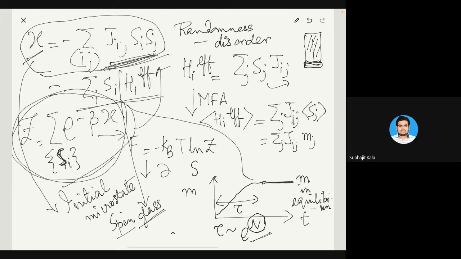David Sherrington was from Cambridge, and Kirkpatrick, I think, was a student, or vice versa. I don't remember. Edwards Anderson model, and so on. So Giorgio Parisi could find an exact solution of this model using a trick that came to be later known as the replica trick.